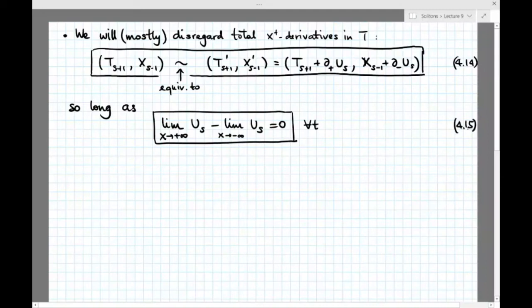Why are we entitled to disregard total derivatives in T and X so long as this limiting condition holds? Well, the reason is because the shifts in equation 4.13 cancel out in the continuity equation.